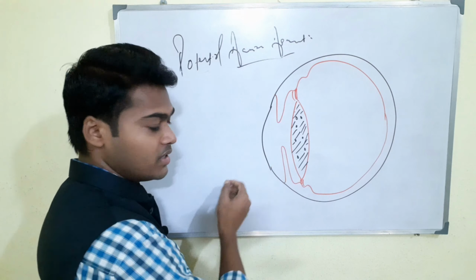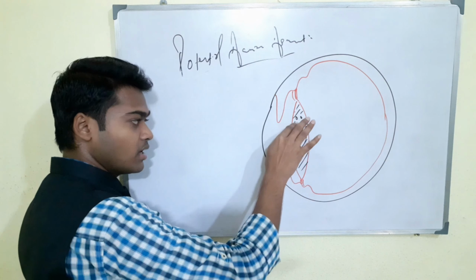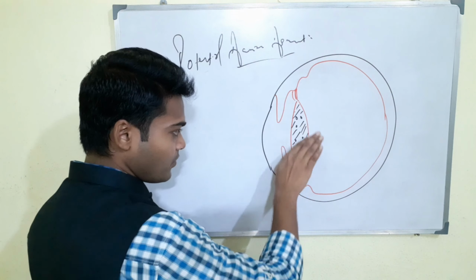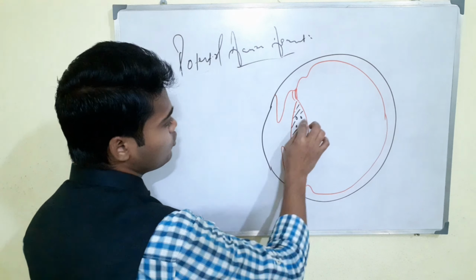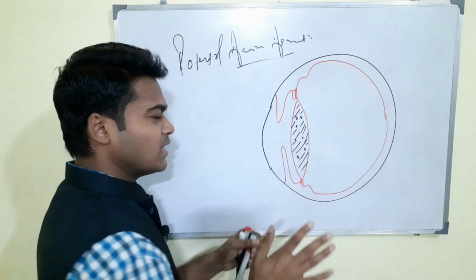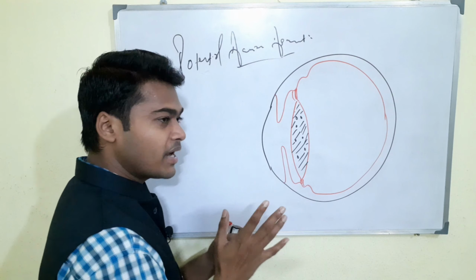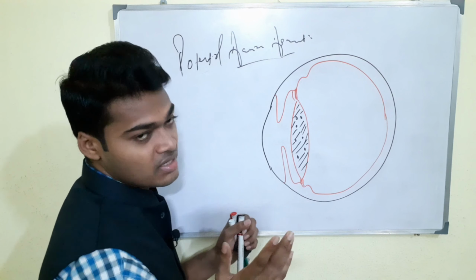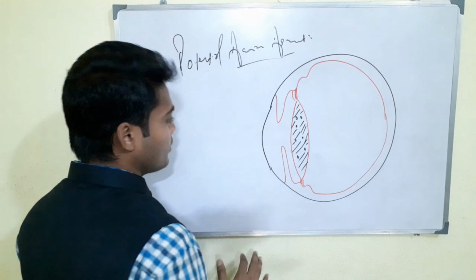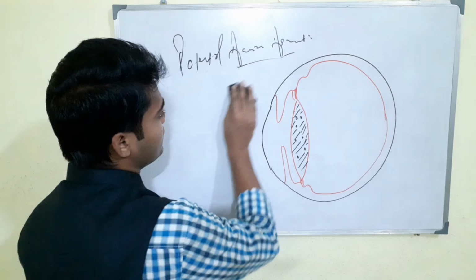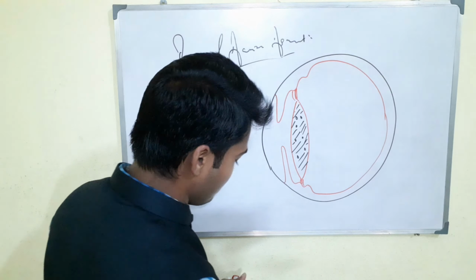Basically this is a cloudy media. If there is a space or any place where light is still passing inside the eye, they use it to form the image. But this pinhole might sometimes not be as beneficial as we assume. So I will show you what actually happens with the modern potential acuity meter.